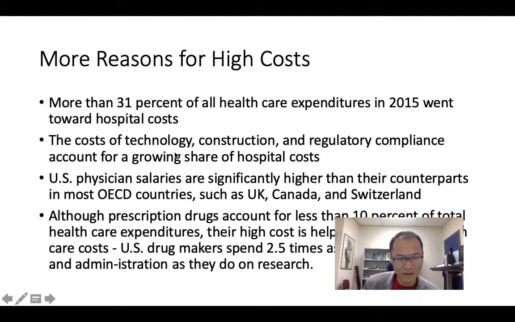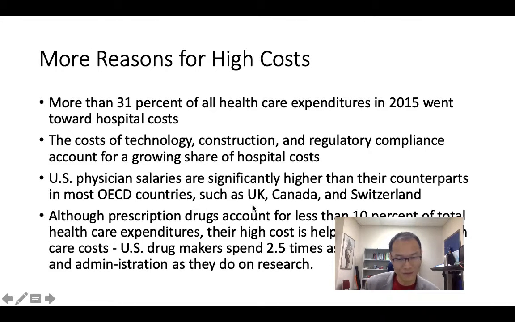And they say the cost of technology, construction, and regulatory compliance account for a growing share of hospital costs. Again, technology is a big argument under hospital costs. What about physician salaries? Actually, American physicians, doctors, make more money than doctors in the UK, Canada, and Switzerland. Not too bad.